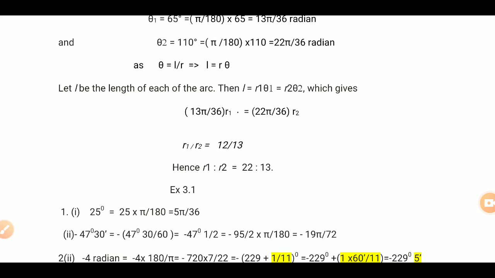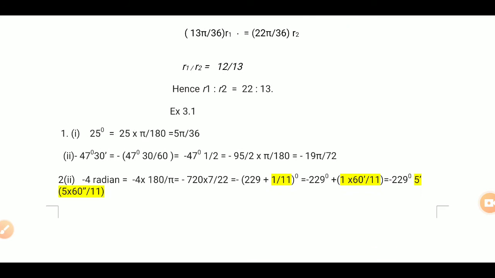Now ratio R1 upon R2 will become, after cancellation, 22 by 13. So R1 ratio R2 is equal to 22 ratio 13.